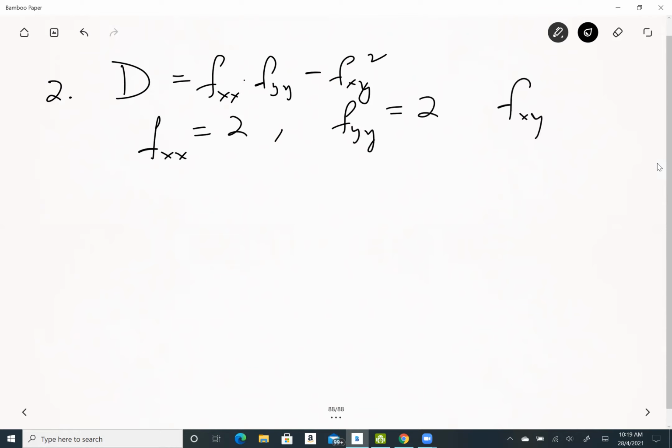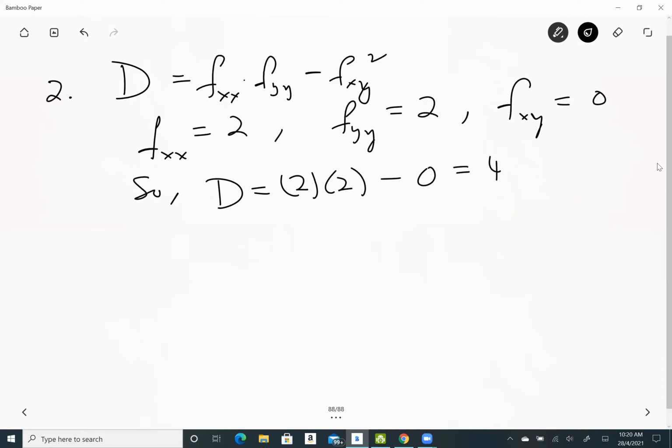Now fxy, there is no y in 2x minus 2, so everything is a constant, so you got 0. So what is D? D is equal to 2 times 2 minus 0 squared, which is 0. So that is equal to 4.